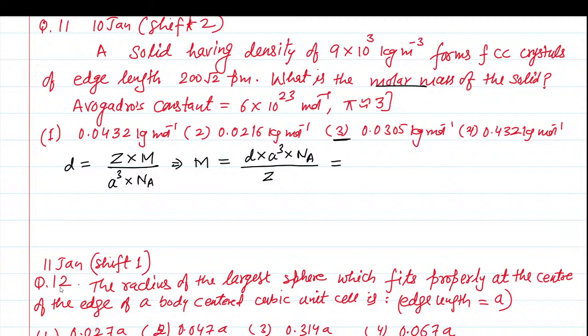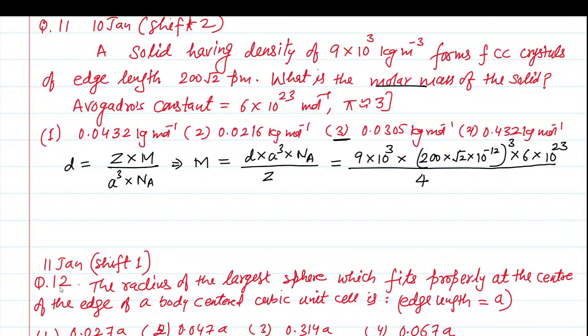Good. Density is given 9 into 10 raised to power 3, right? And A is given 200 into under root 2 into 10 raised to power minus 12 in meter, and Avogadro's number 6 into 10 raised to power 23 divided by 4.